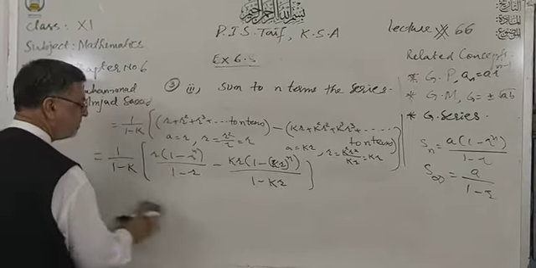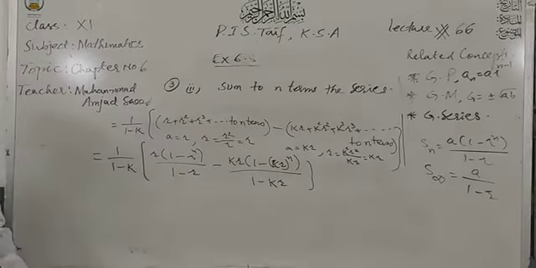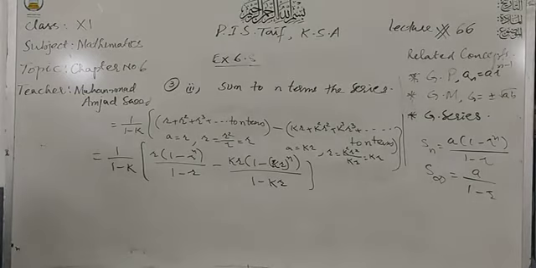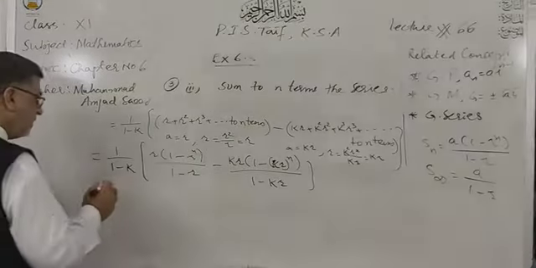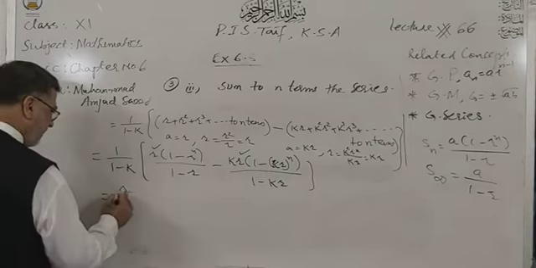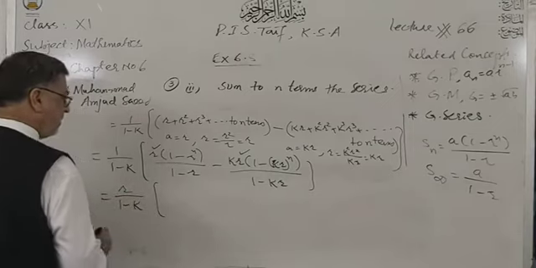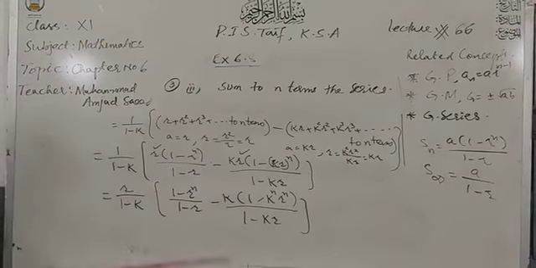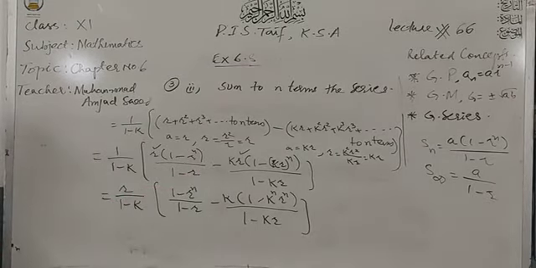Now, dear students, you can take r common from here. That will be r over 1 minus k into [(1 minus r to the n) over (1 minus r) minus k into (1 minus k to the n) r to the n over (1 minus kr)]. So you can leave your answer up to here and that is your answer.